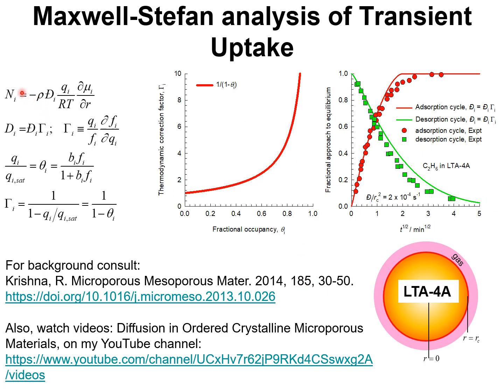If we adopt the Maxwell-Stefan diffusion formulation, the intracrystalline flux N_i is written in terms of the gradient of the chemical potential in this manner, where q_i is the molar loading of component i, R is the gas constant, T is the temperature, and we have the chemical potential gradient of species i.